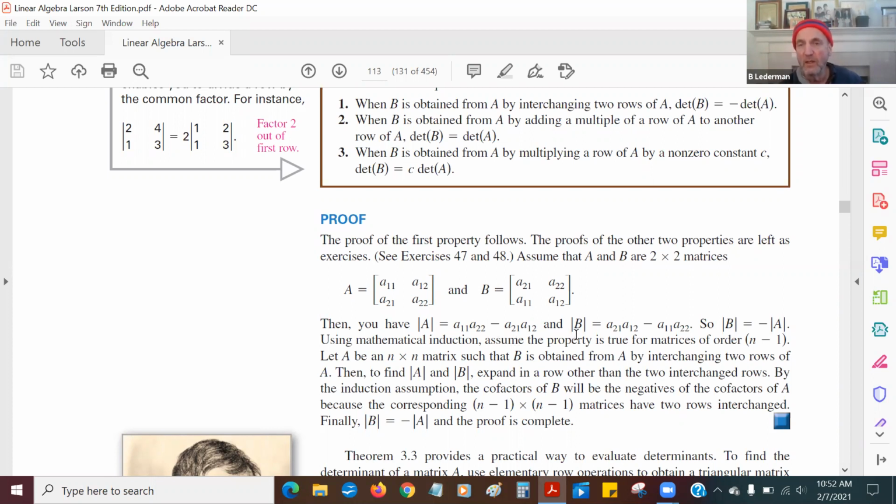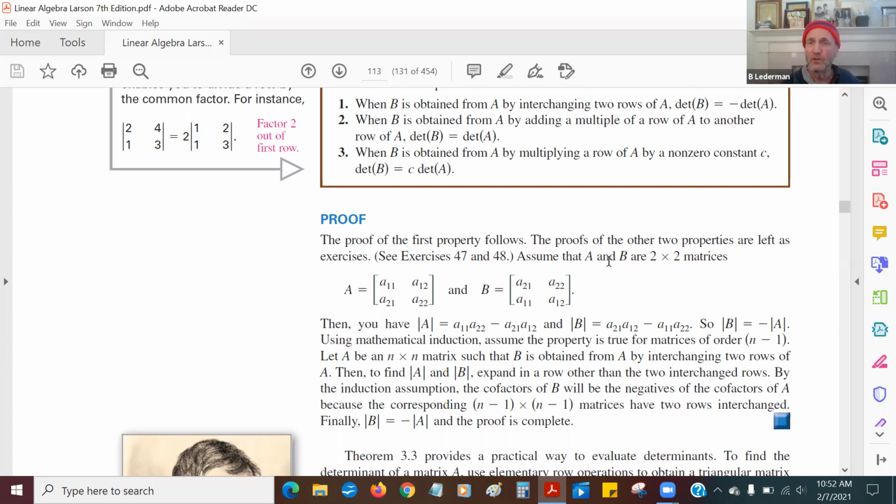The determinant of B is like the reverse of that, A21 A12 minus A11 A22. So clearly the determinant of B is just the exact opposite, meaning the negative of the determinant of A. Well, that's the proof for a 2x2.